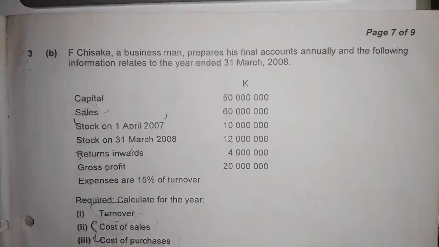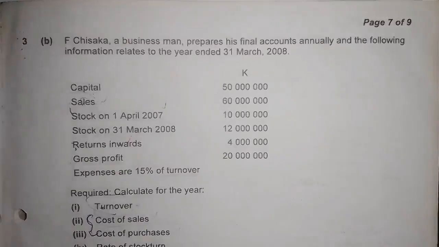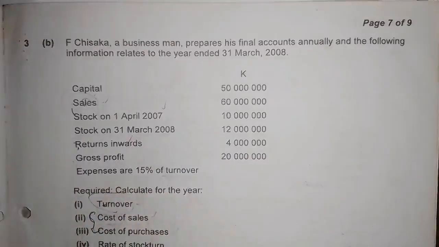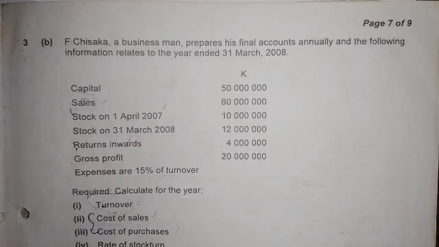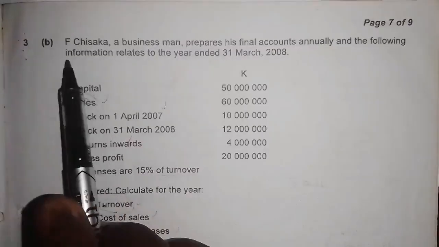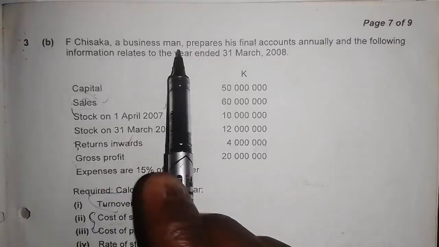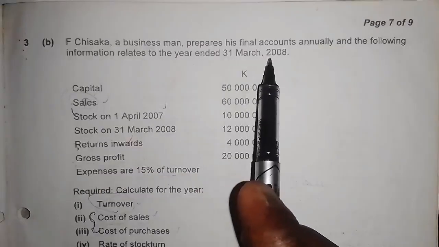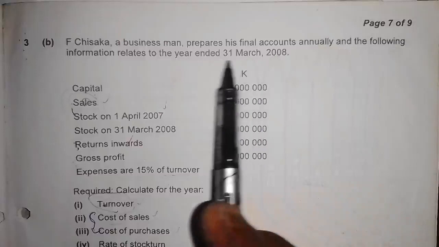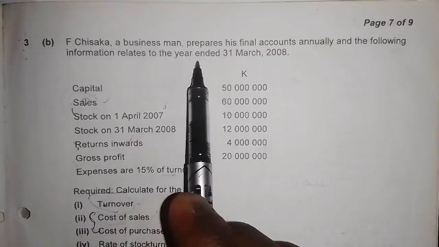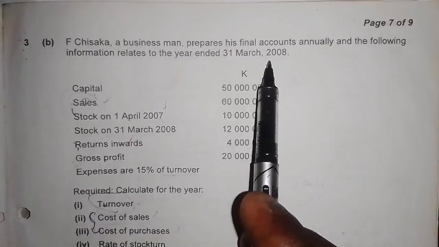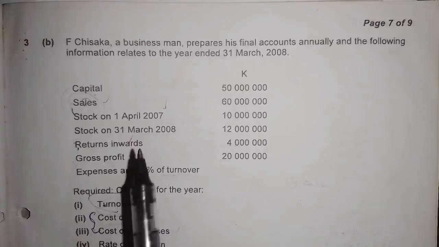Okay, you can see what you're talking about. Now this paper is 2008. So you can see that F. Chisaka, a businessman, prepares his financial accounts annually, and the following information relates to the year ended 31 March 2008.